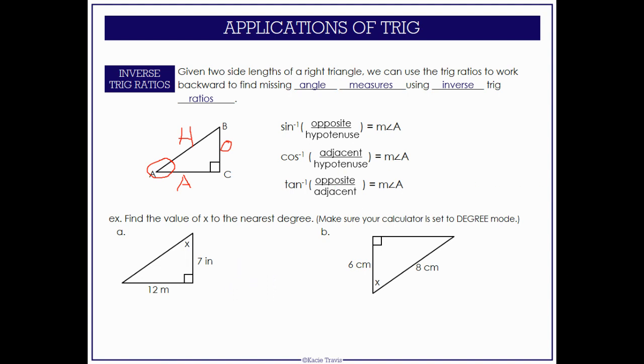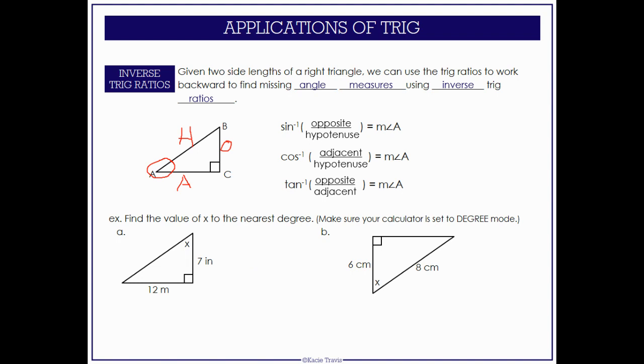Oop, sorry about that. Didn't mean to get that up there yet. So sine of -1 is opposite over hypotenuse equals angle A. Cosine of -1 takes the adjacent and hypotenuse, pops those inside, and then we get angle A again. And then we have opposite over adjacent for tangent, and that helps us find angle A.